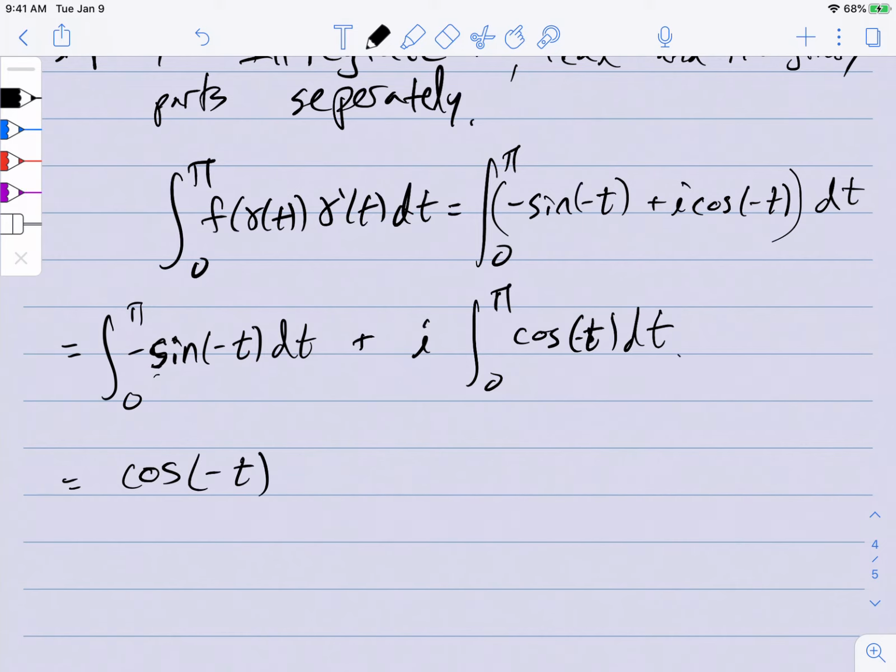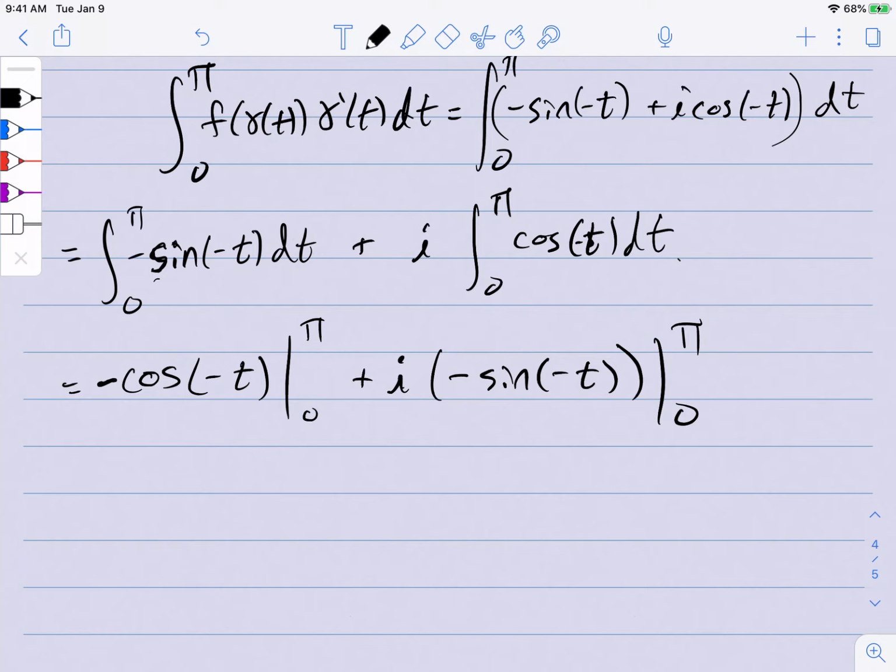If I take the derivative of this, I'd get a negative sign with another negative, so it'd be positive. So I need to add a minus there for the correct antiderivative. So I evaluate that from 0 to pi, and then plus i times, looks like it'll be negative sine of minus t, again from 0 to pi.